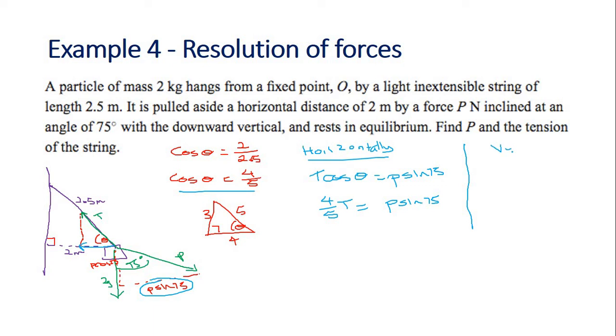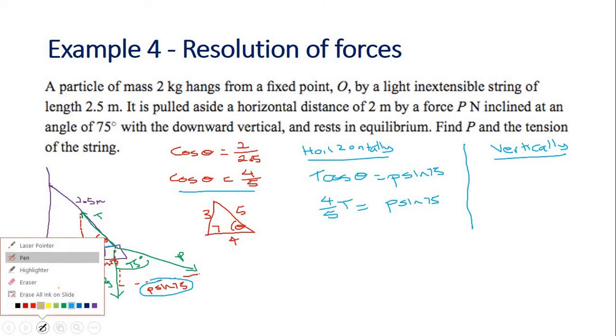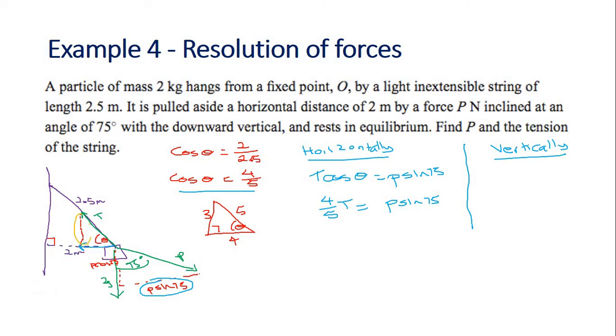Let's now resolve vertically. So if I'm resolving vertically, I have my forces acting upwards. So heading up, we've got this part here. It's the opposite side. So I've got T sine theta equals my forces acting downwards. I have this bit of it here, P cos 75, plus I've also got the 2g weight force.